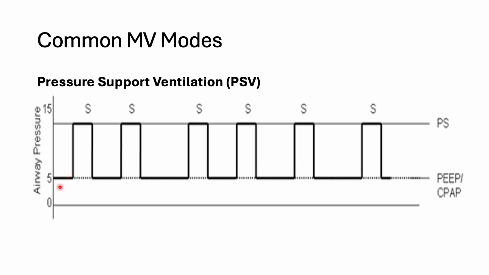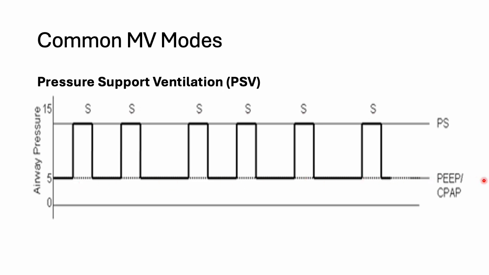That's the reason why in this graphical representation, this pressure time curve, each breath varies in terms of when the person takes a breath. So it's not regular because the person determines when they want to take a breath. So baseline in this case is 5.